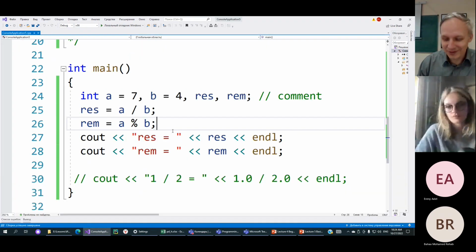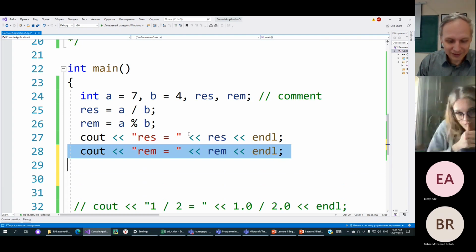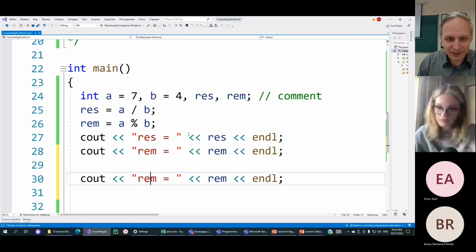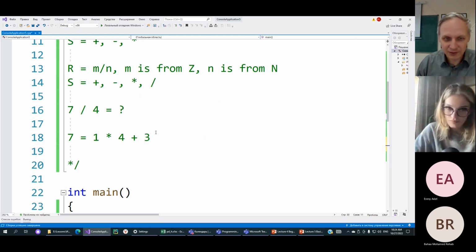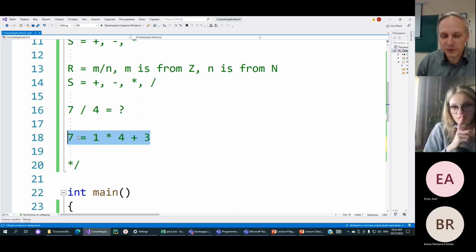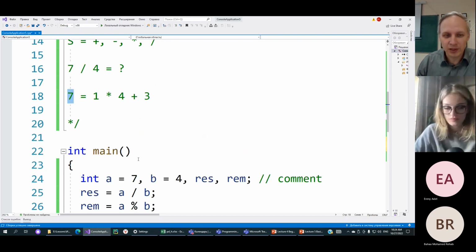Maybe the simplest way to understand it is to let me output the expression like this. How to output this expression? What is this number in my case?